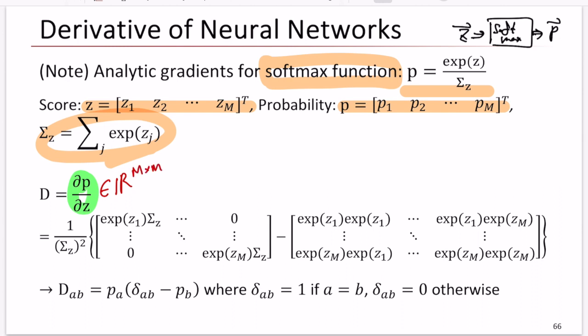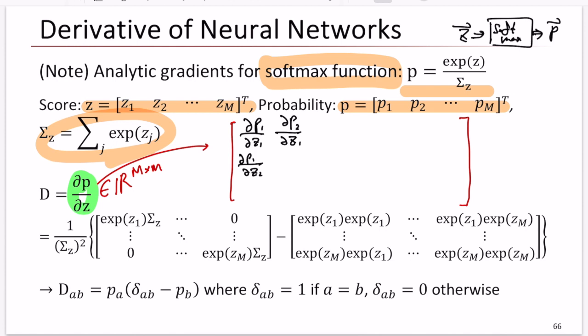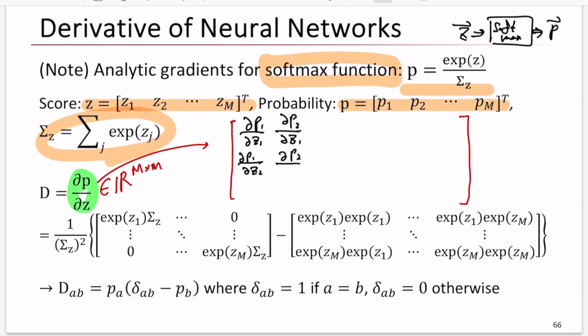Then, this matrix can be written as P1 over G1, P1 over G2, P2 over G1, P2 over G2, and so on, up to PM over GM, like this, right?